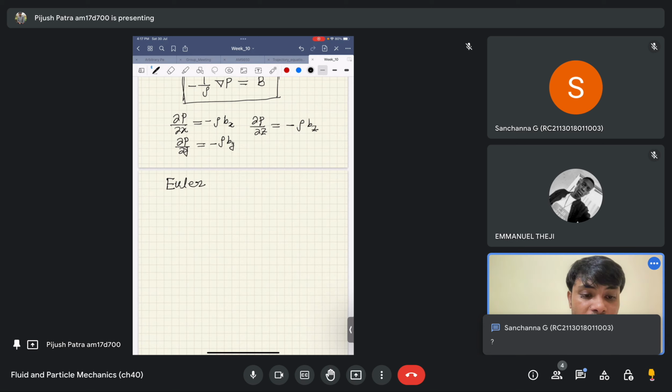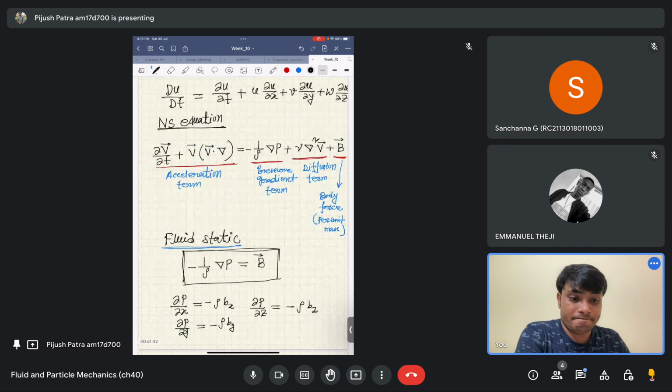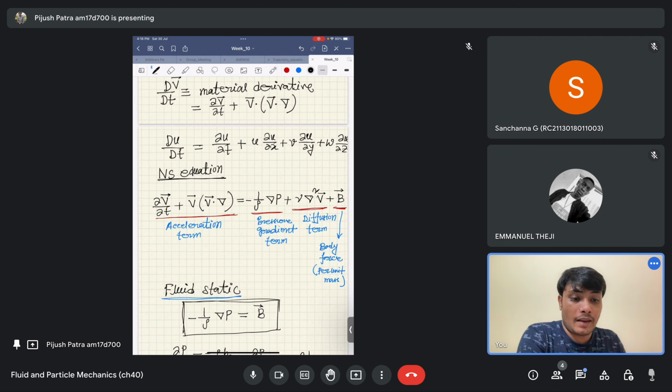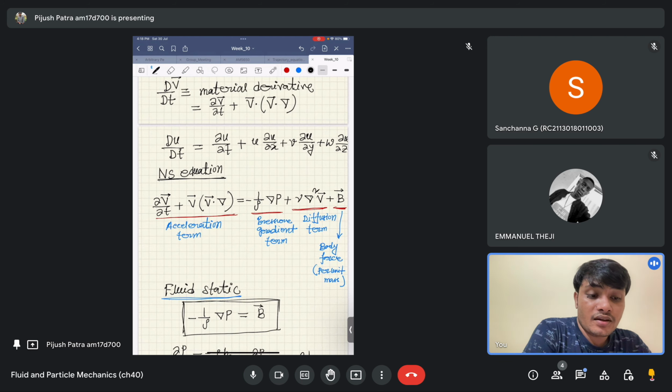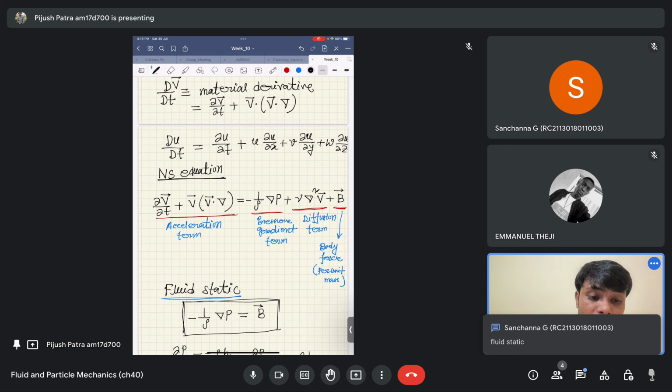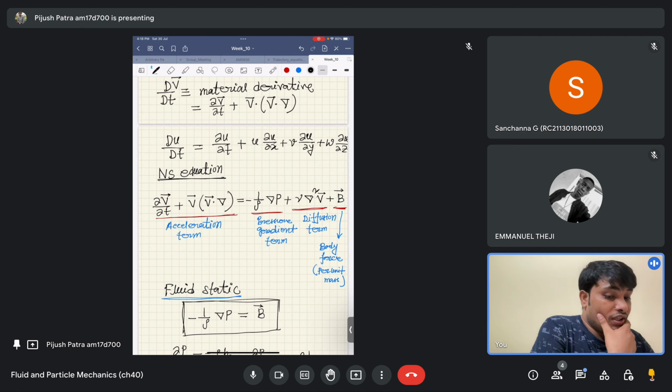What if we have capillary action, you are saying, in fluid static? That is a kind of interface flow.